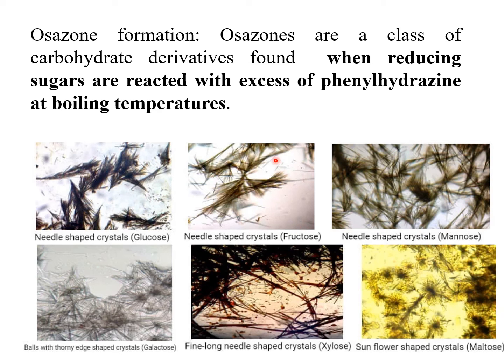All these are needle like structures. Ball like structures we can see in the case of galactose. Then long needle shaped crystals are seen in xylose, and a sunflower shape is seen in maltose. So depending on the osazone formation, we can identify the type of monosaccharide.